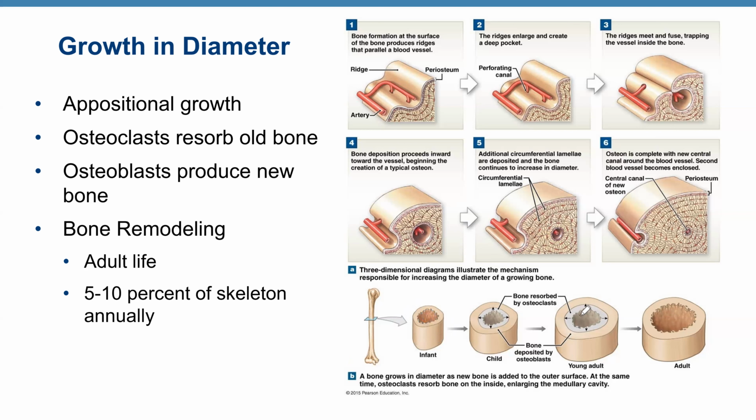So we remodel the bone by resorbing bone inside the cavity, enlarging the cavity. Osteoclasts resorb old bone, osteoblasts produce new bone, and bone remodeling happens through our entire adult life, and 5 to 10% of the skeleton is renewed annually. So every year, 5 to 10% of your skeleton is new bone.